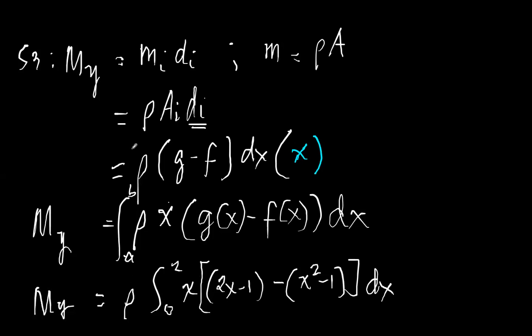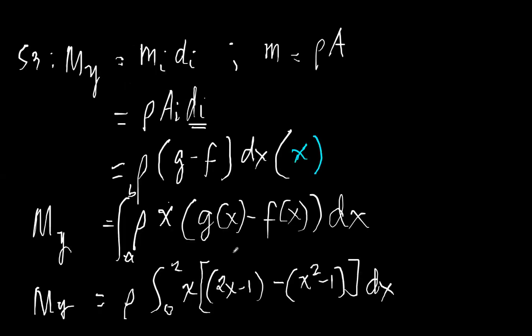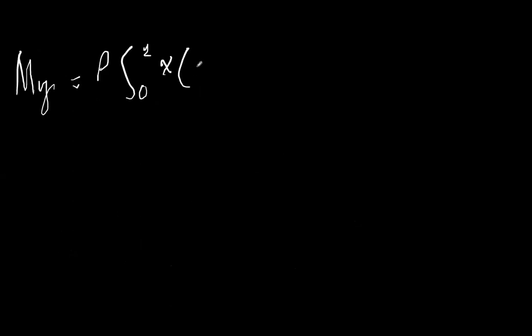I mean, simplify and integrate afterwards. So let's continue. The moment about the y-axis is equal to rho times the integral from 0 to 2 of x. Let's simplify. Oh, I can cancel out the 1 here. So 2x minus x squared minus x squared dx. I hope everyone could still copy and follow.